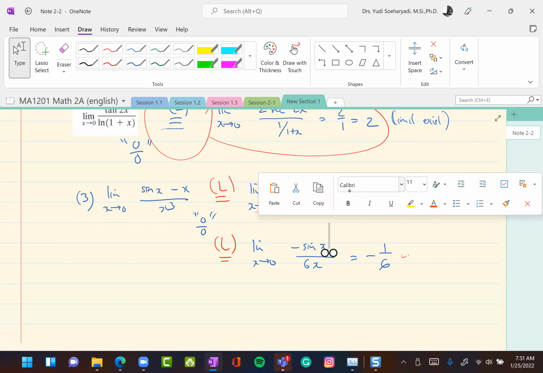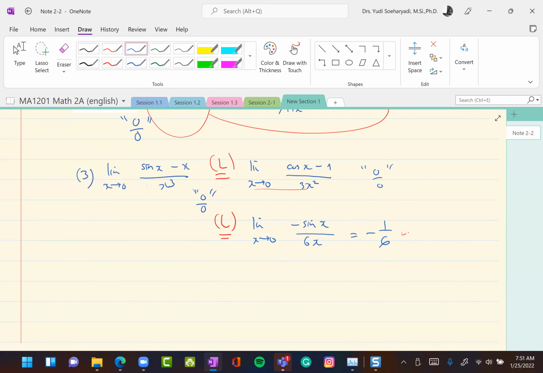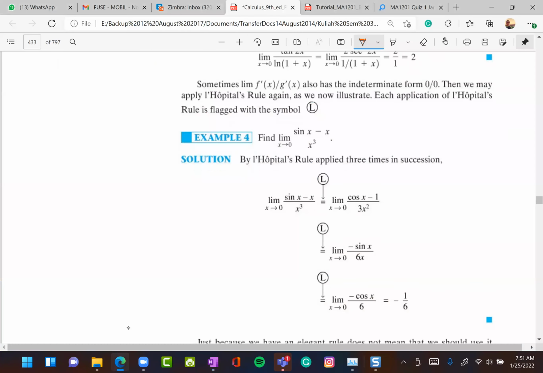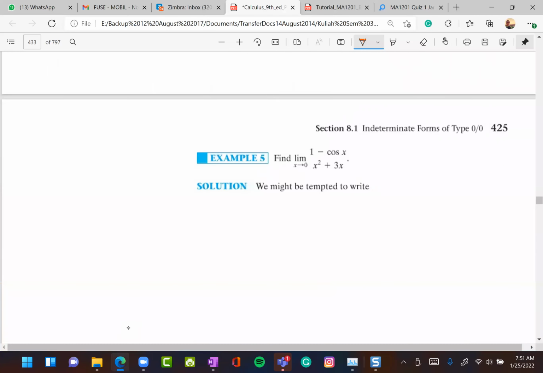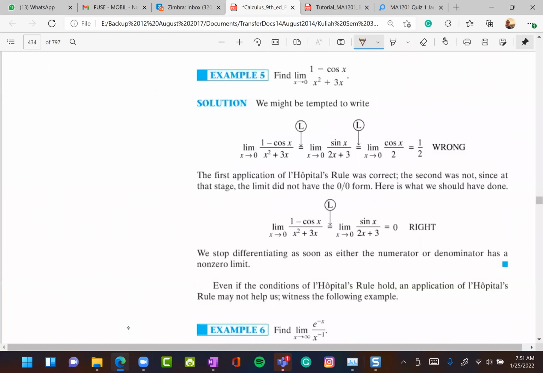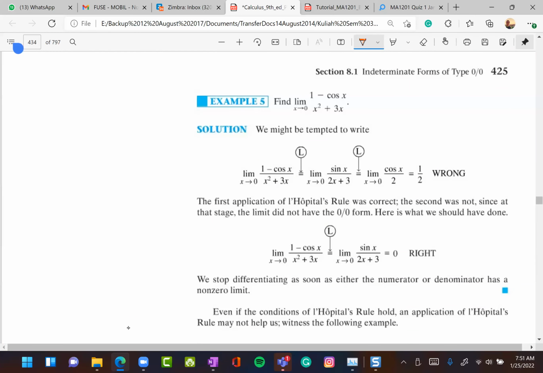Okay, let's do another example. All right, just from here, let me show you what's wrong with this one.